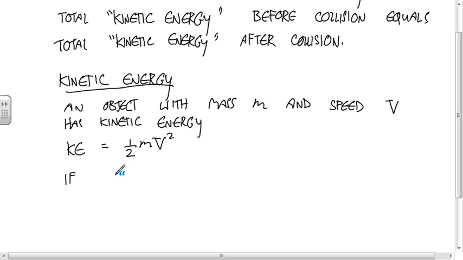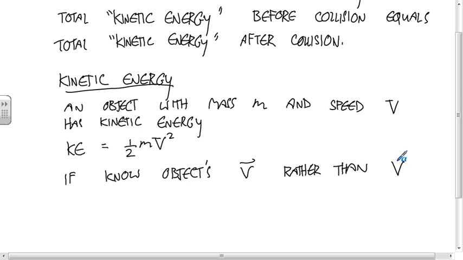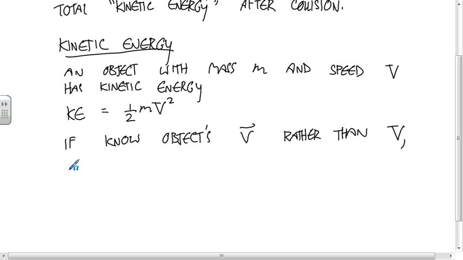If you know an object's velocity vector instead of its speed, remember that for any vector, the magnitude of the vector is the square root of the sum of the squares.